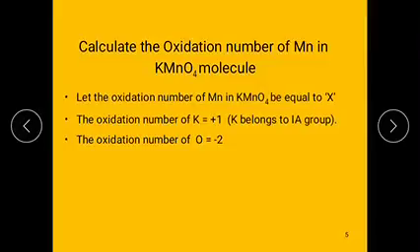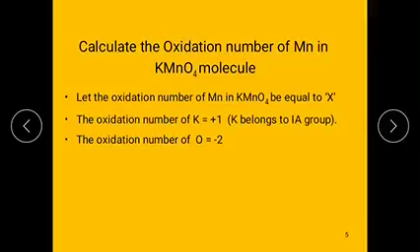Here KMnO4 is formed by three different atoms, that is potassium, manganese and oxygen. Here the value to be calculated is that of manganese, so we can treat it as X. The potassium oxidation number is +1 because it is a first A group element.